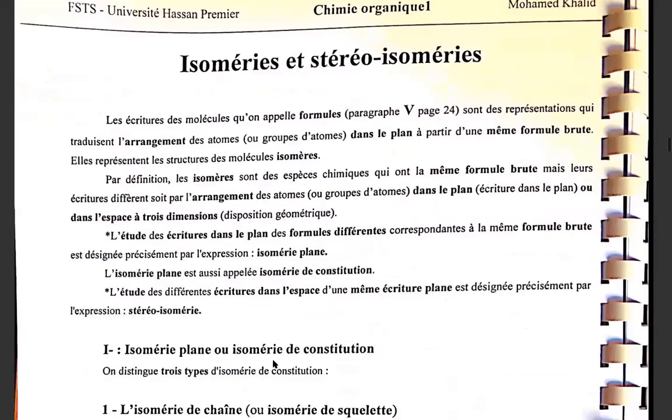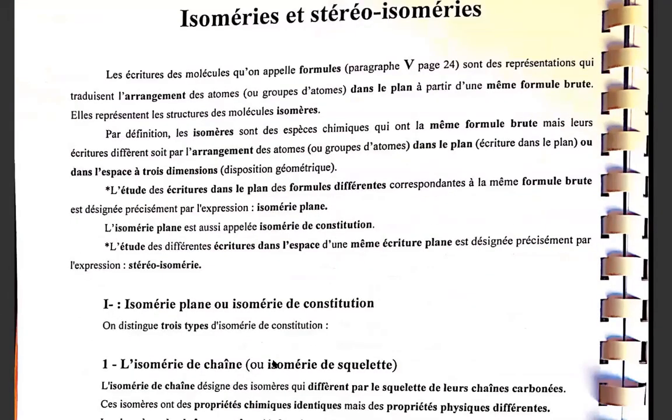Now, isomers can be classed in three families: isomérie de constitution, isomérie de conformation, isomérie de configuration. The most tricky part amongst all these is isomérie de configuration, but ça va aller, on va le faire.